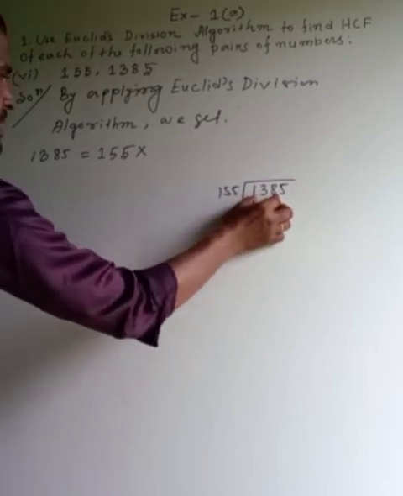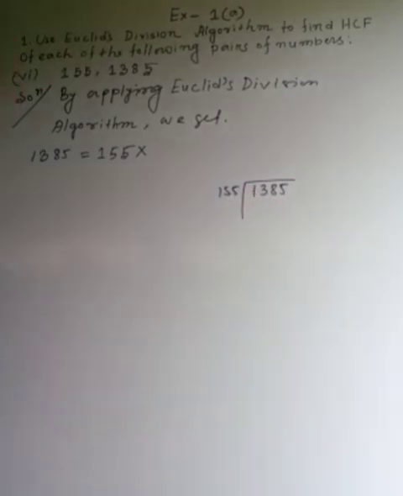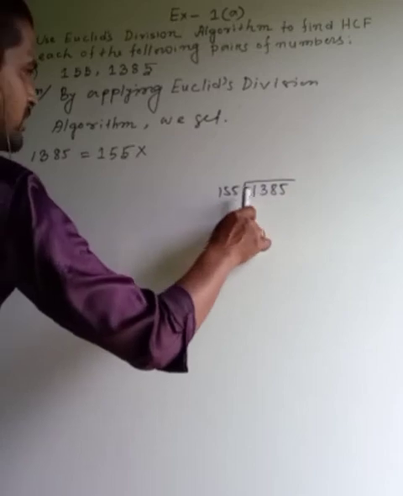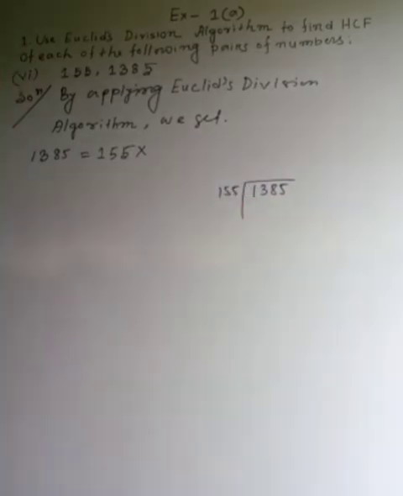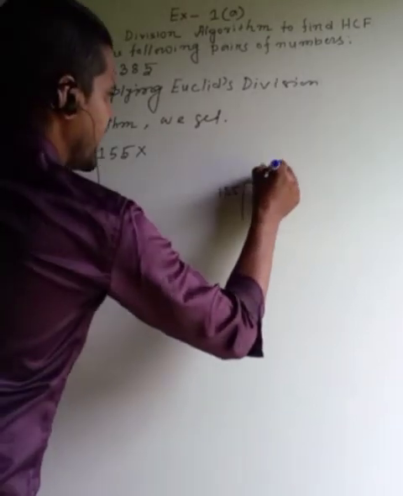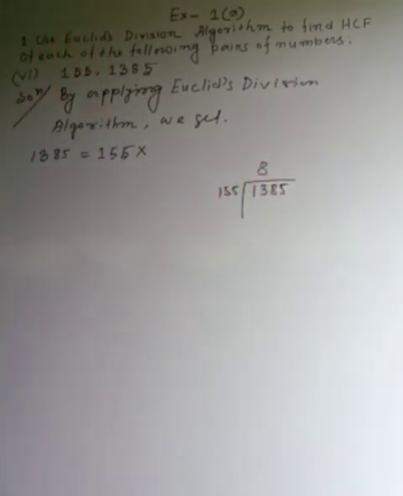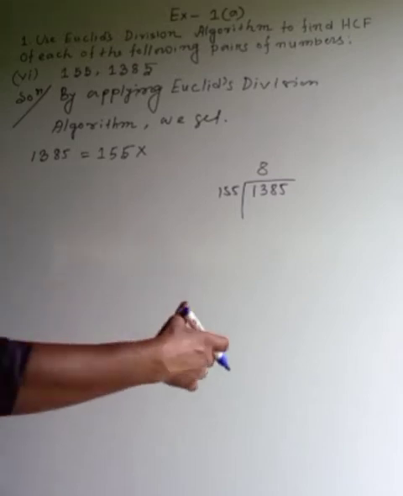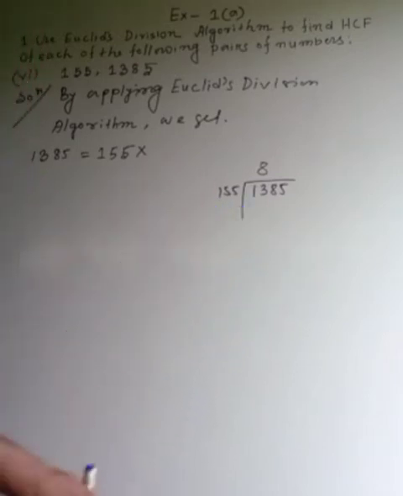So what remains? 138 and 15. Out of 138, how many times can 15 go? If you try with 8, you can try 7, 8, 9, 10 also. Let us try 8. What result comes out? Let's see.